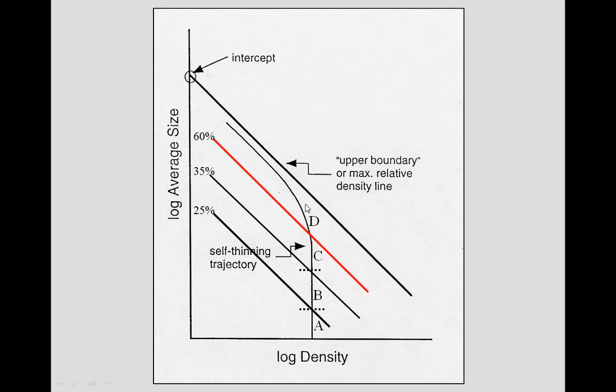Okay, so we have these areas, and in terms of the growth growing, any stand of this species, regardless of its site and age, if it has a combination of mean size and density that puts it down here, it's in stage A. Conversely, if its combination of mean size and density puts it in here, it's in stage B, stage C, stage D. We're going to be able to use this.